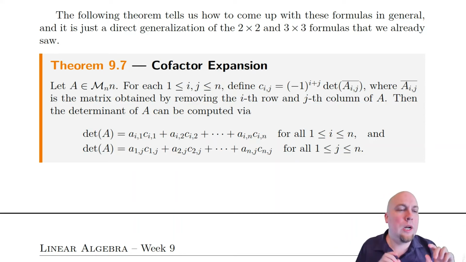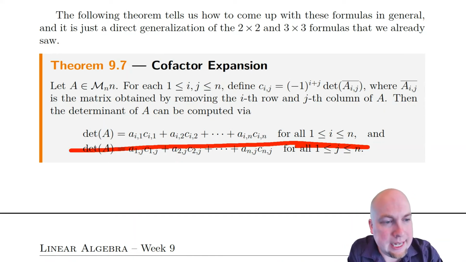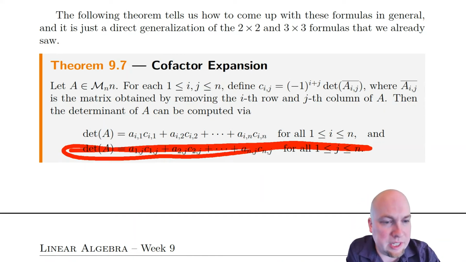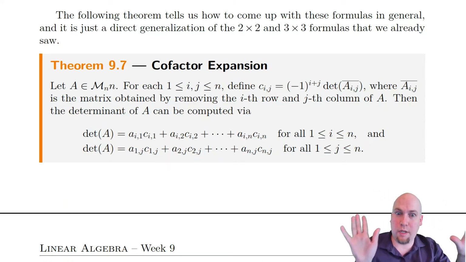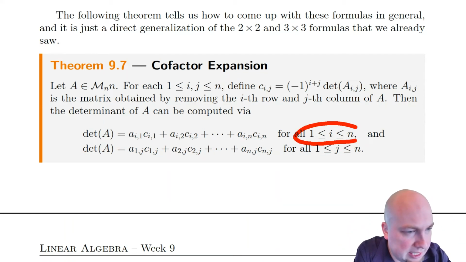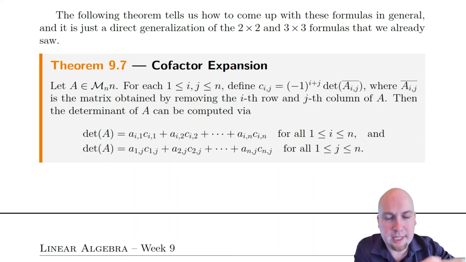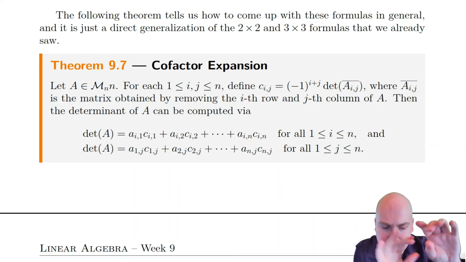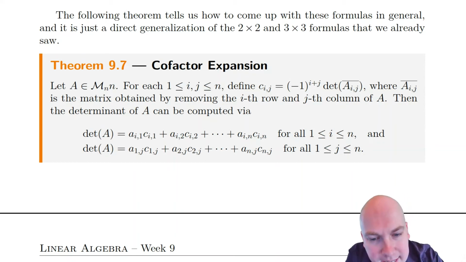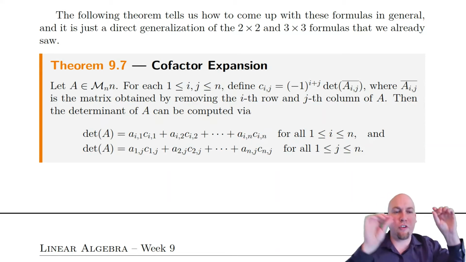For now, let's just imagine we're focusing on the first row of A, okay? So forget the formula down here. This formula corresponds to columns of A. Let's just focus on trying to understand one of these formulas. Let's focus on understanding the i equals 1 formula. So we're sort of focusing on the first row of A. And what I mean by that is, in this formula, if we set i equals 1, then these entries here are exactly the entries from the first row of A, right?